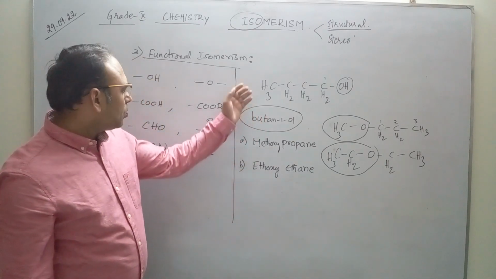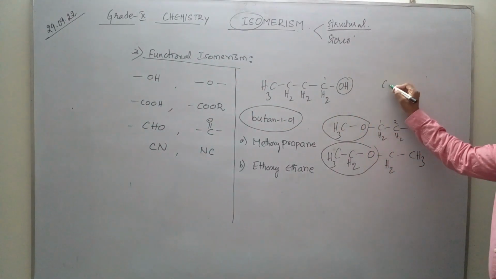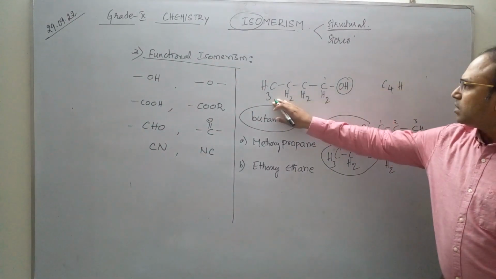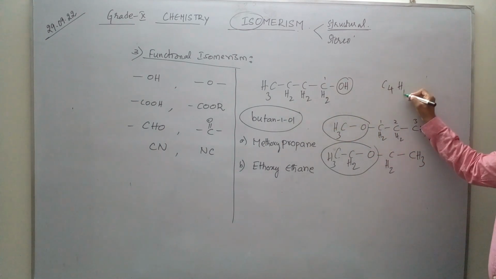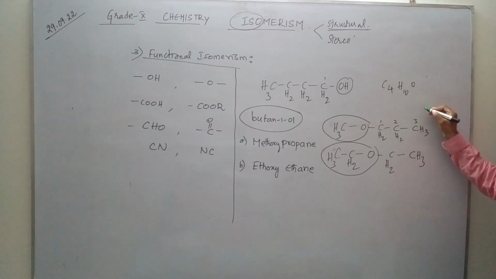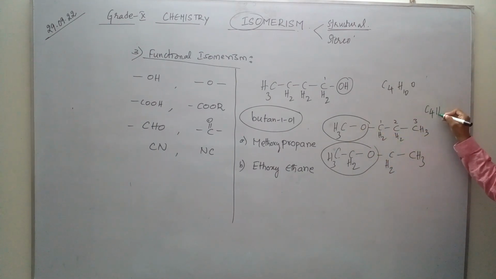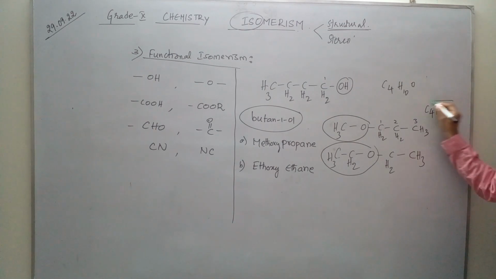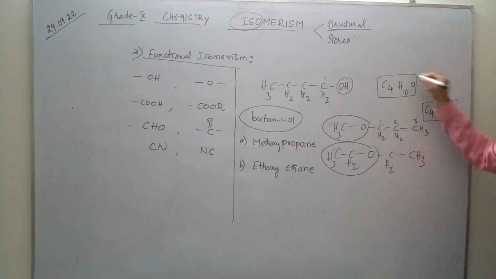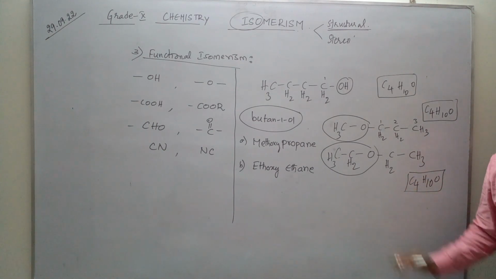You can check, both will have the same molecular formula, C4H10O. Next we have 4 carbons, 10 hydrogens and O. This one is also C4H10O. So hope you have understood.